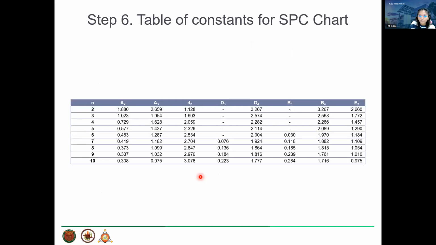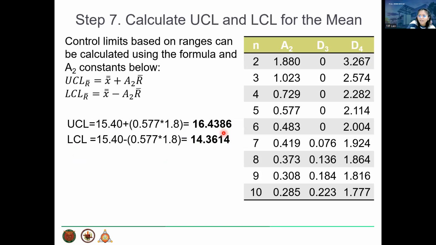So using the formula, ito yung constants natin ha. Mag-upload din ako ng separate file which contains the exact same table. This is the formula for the X bar chart, so upper chart. So A2, since you have again 5 observations, 0.577 yung ilalagay.